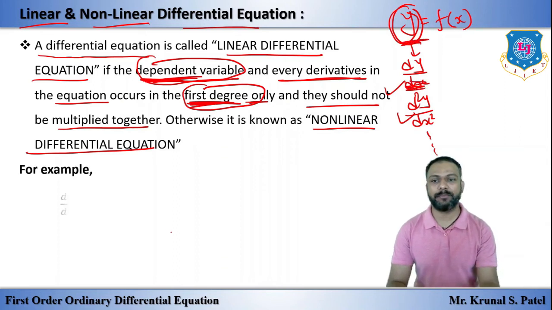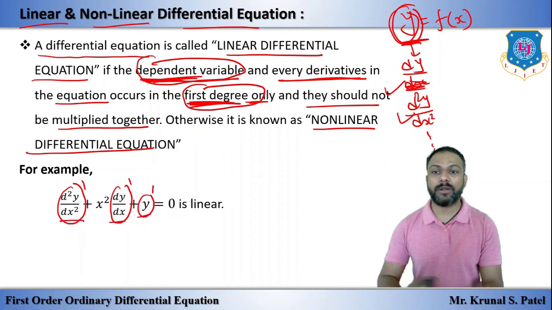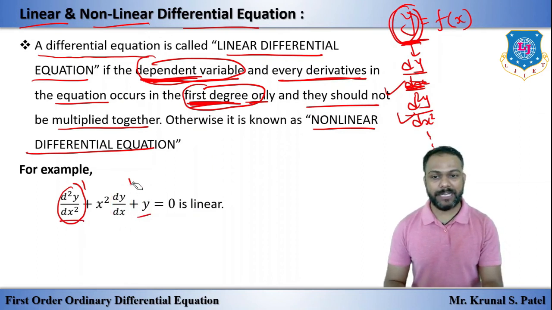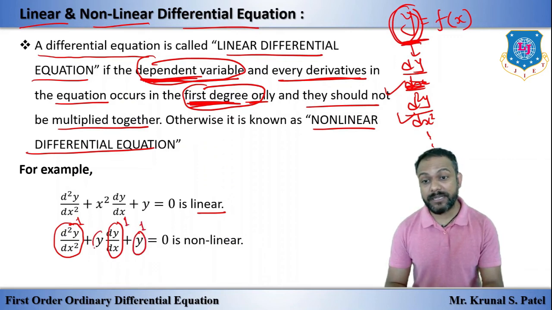So for example, we have this. You can see that this derivative and this dependent variable y all have degree 1, and none of these three are multiplied together. That means this is a linear differential equation. But if we have this kind, this derivative is of first degree and this dependent variable is of first degree, so the total degree of this term becomes 1 plus 1, which is 2.